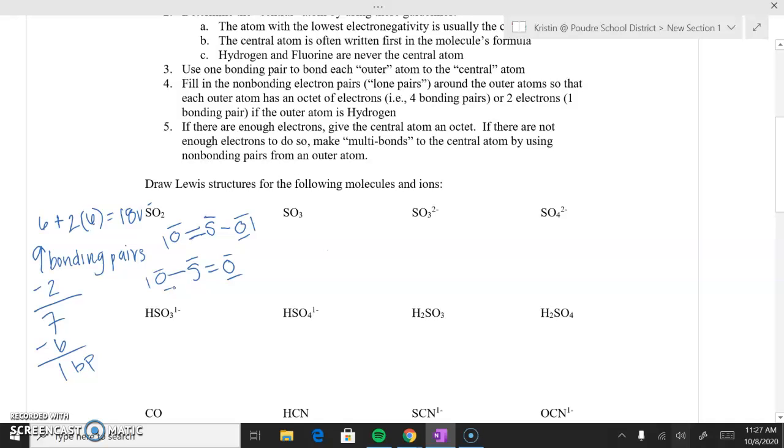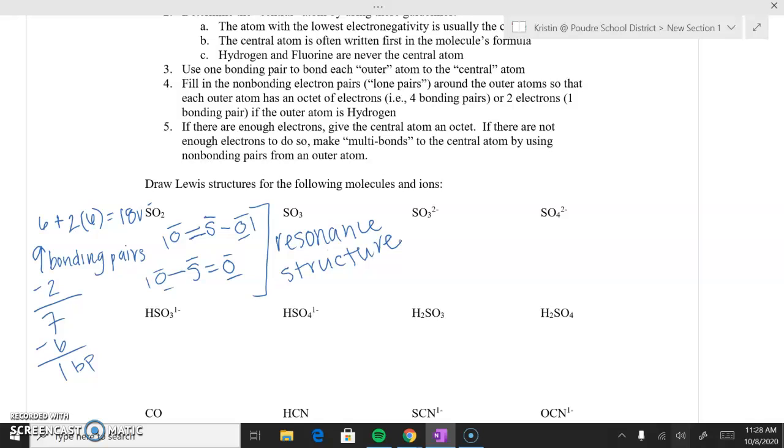These are exactly the same thing, and so we call them resonance structures. Resonance structures are Lewis dot structures that look different but are basically the same. Okay, so those are resonance structures.